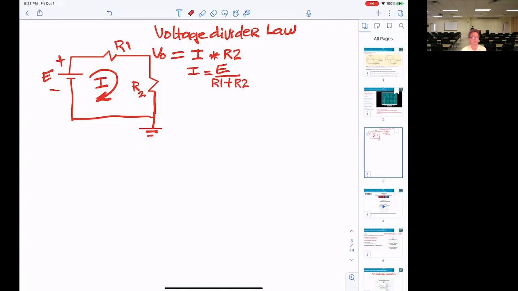However, you can get it another way, make it shorter. Voltage divider law. You want the voltage here, so you can calculate V out equals V times R2 divided by total resistance.